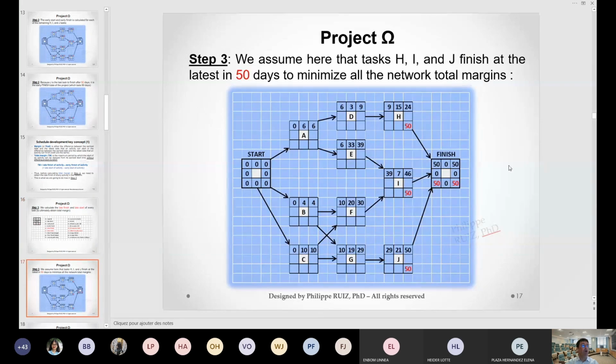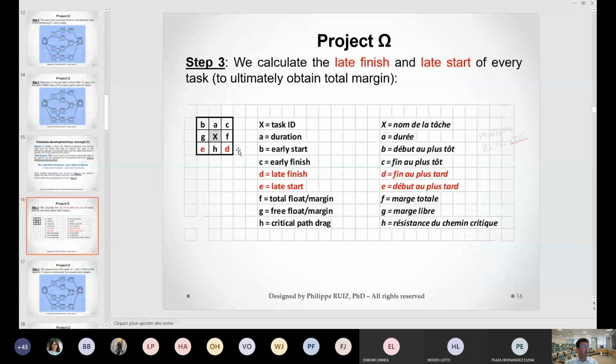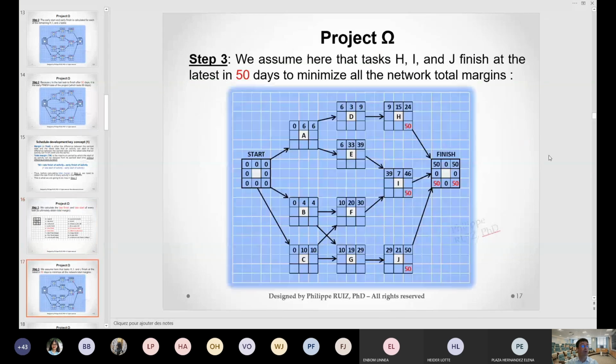In order to obtain all my values, I'm going to start by inputting here. Remember, D is the late finish, E is the late start. So I'm going to start with the late start, and I'm going to obtain the late finish. Let's see how it works.